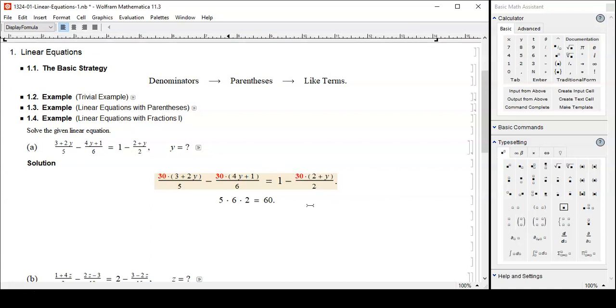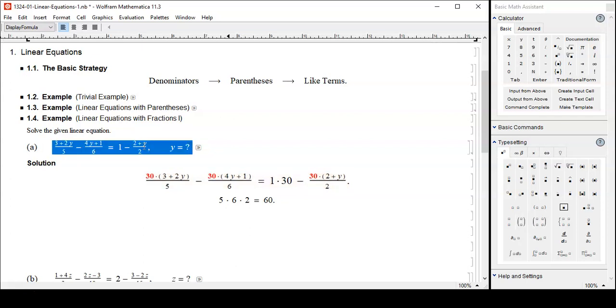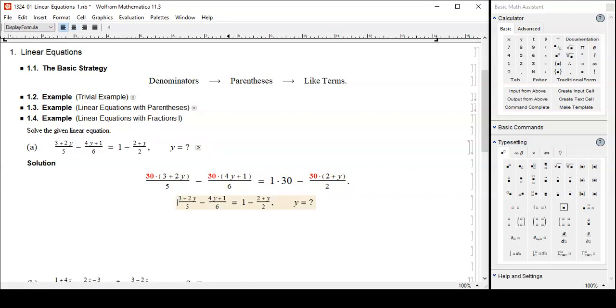And then don't forget about multiplying by 30 to this integer part as well. You see, what's actually happening is multiplying 30 to this entire left-hand side, and then multiplying 30 to the entire right-hand side.